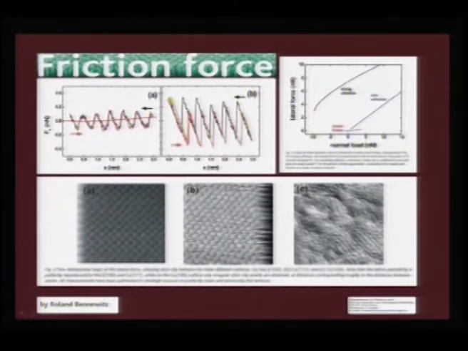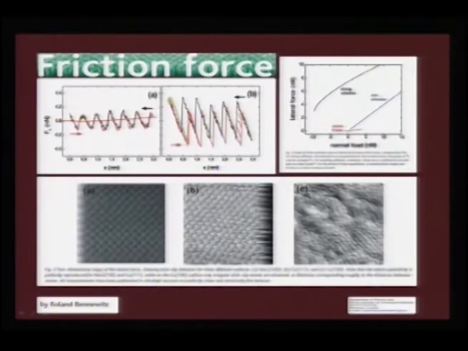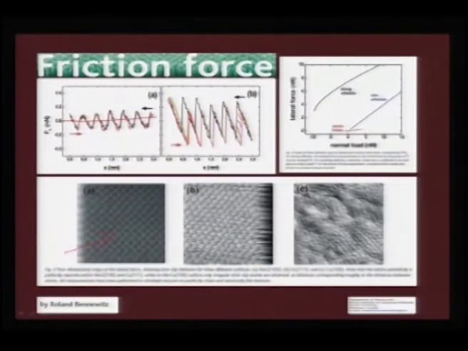So, either you scan it from left to right or right to left, you will actually almost generate a hysteresis, and this is the principle of the frictional force microscopy that you use to contour how the atomic arrangements are placed. For example, if you take the case of sodium chloride, you can see that the atomic ordering is periodic, and therefore you get an image out of this using frictional force microscopy.